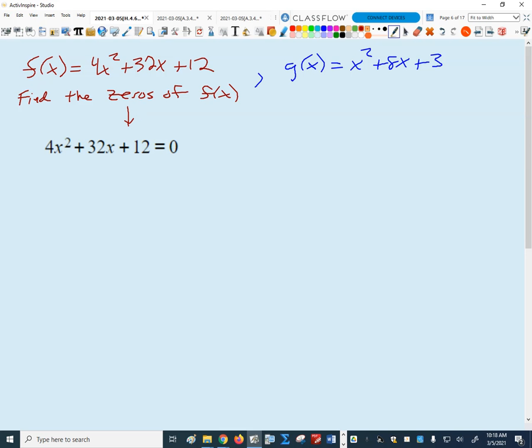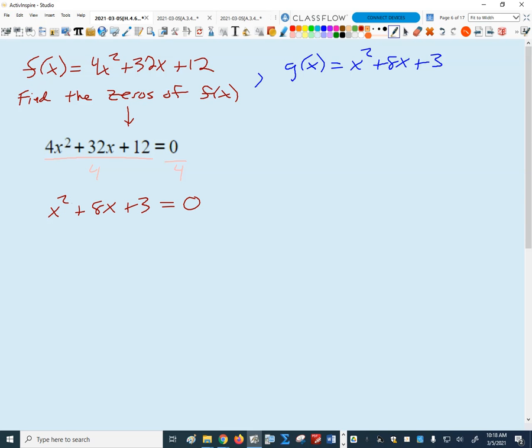I'm going to set the function equal to 0 and solve. If I'm just solving this equation, I could just divide both sides by 4. And that's going to give me x squared plus 8x plus 3 equals 0.